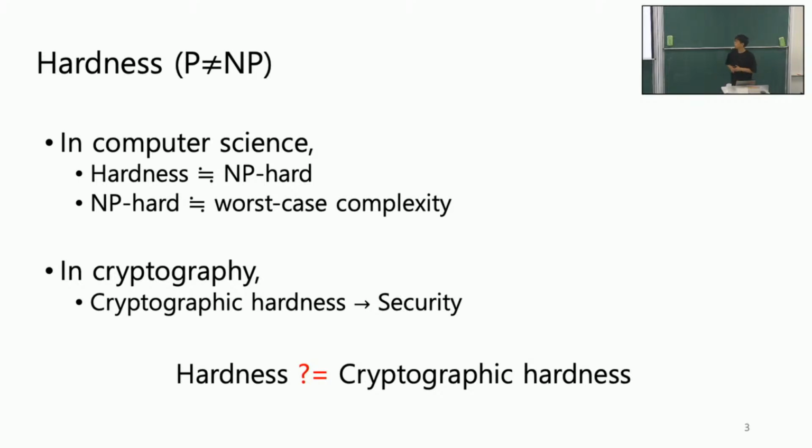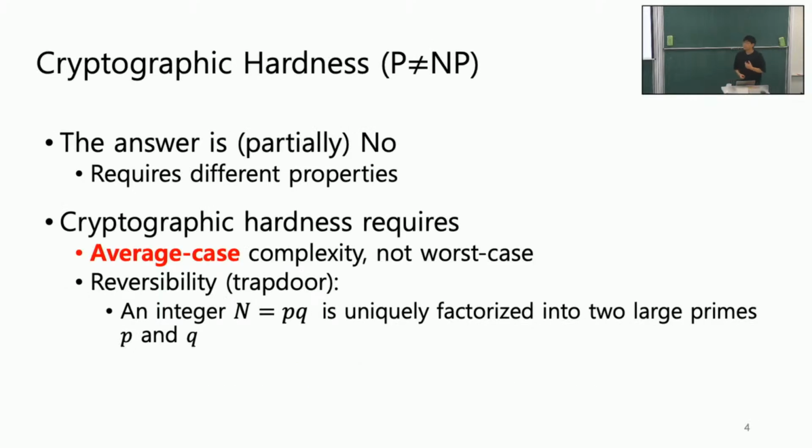On the other hand, in cryptography, it is well known that the security of a cryptographic primitive is based on cryptographic hardness. In this situation, we naturally have one question: are hardness in computer science and in cryptography the same? The answer is partially no, since cryptographic hardness requires different properties.